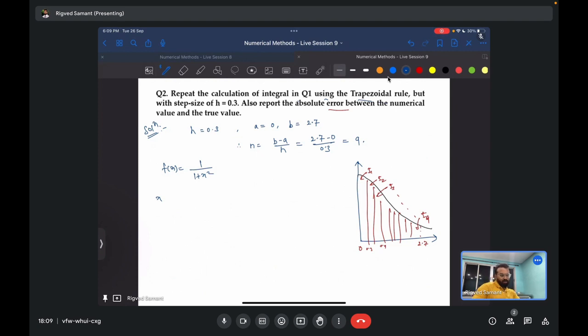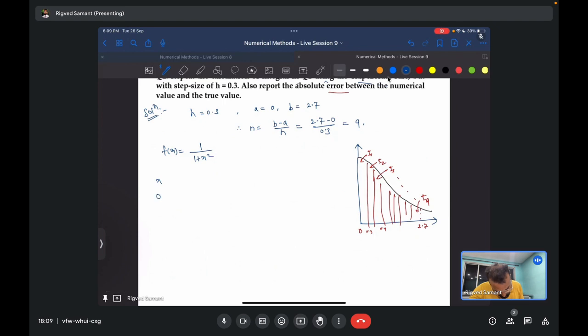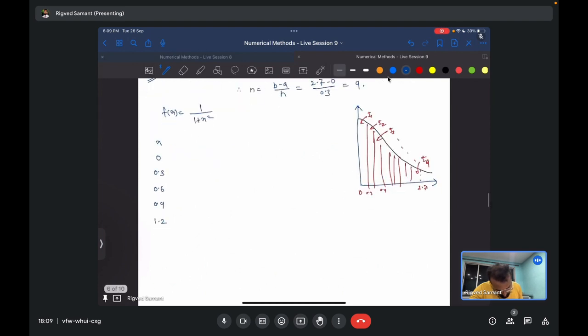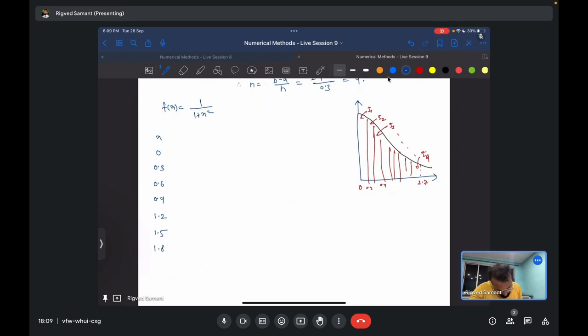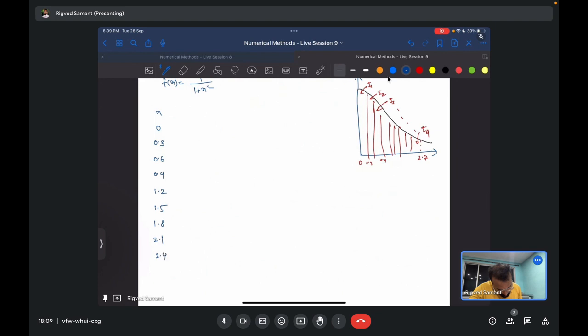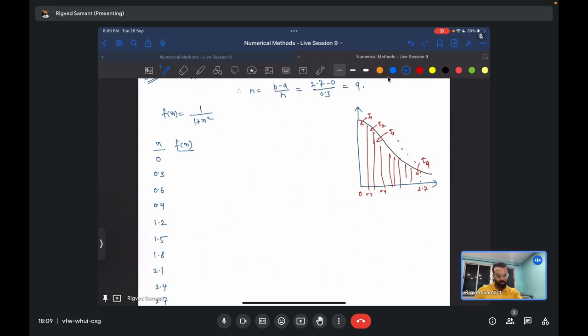So we'll do it in tabular form. x is 0, 0.3, 0.6, 0.9, 1.2, 1.5, 1.8, 2.1, 2.4, 2.7. f of x is the value you get from this function. For the first one I'm just writing it down: 1, then 0.9174, 0.7352, 0.5524.